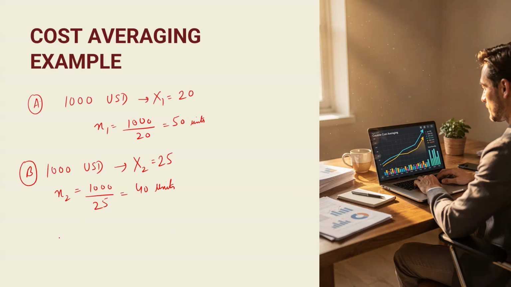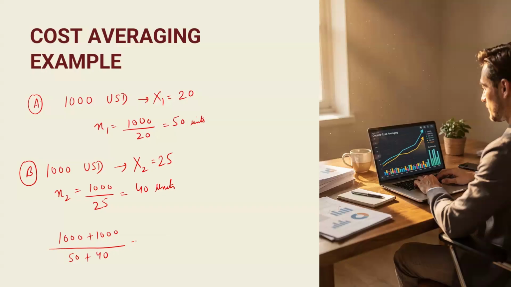And the price that we want to find, the average price that we paid per unit, will be how much? Total amount invested divided by total quantity. So total amount invested is 1000 plus 1000, which is 2000, divided by the quantity, which is 50 units in the first case, then 40 units when the price was 25.